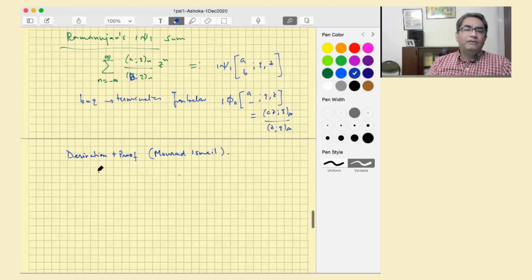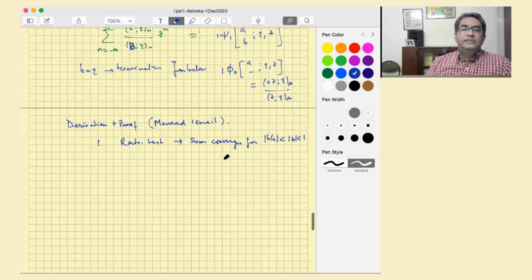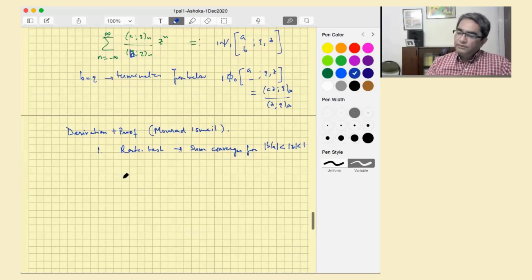First of all, we just use the ratio test to see that this sum converges in this region, an annulus. So this is easy. I'm not going to do it.